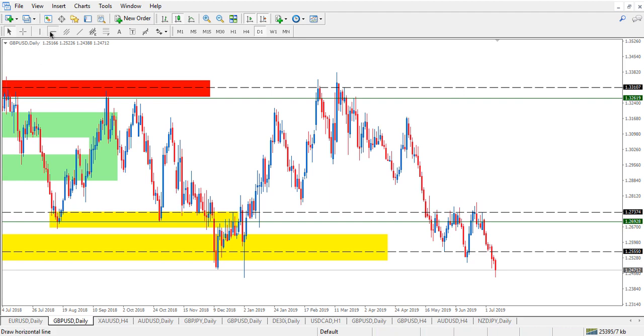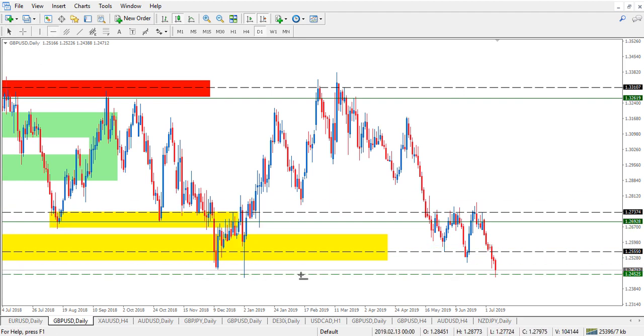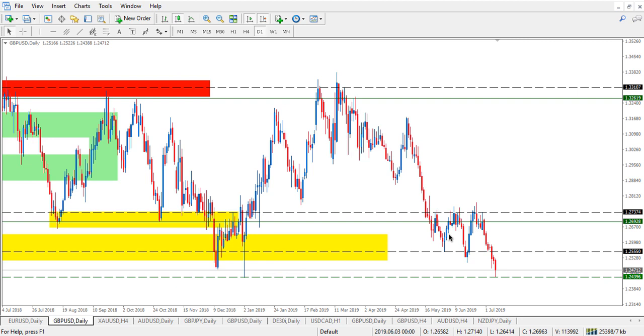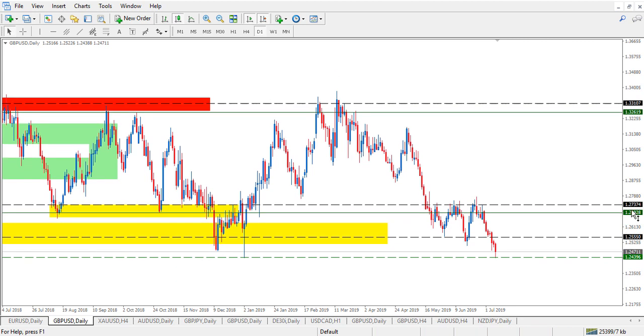Let's move to the GBP USD on the daily time frame as well. As we mentioned last week, the pair was traded above a strong support area, but actually the pair is traded now below this area, but still traded above another support level that is 1.2439. This is where we can look for some bullish evidence for unexpected movement to the upside.